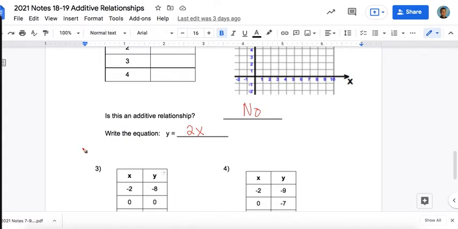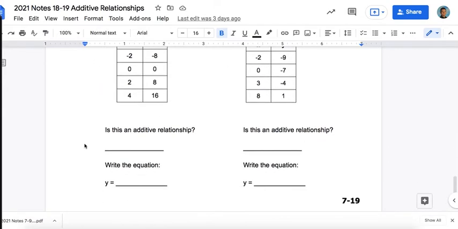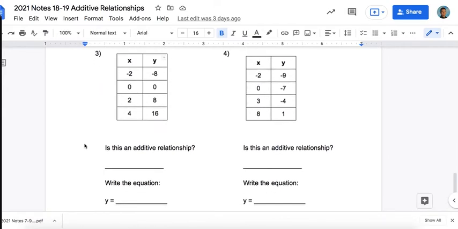Okay, let's move on to number 3. Oops. So now we have a table, and we're going to, once again, tell whether or not it's an additive relationship, and then we're going to write the equation. So to do this, we're going to find the slope.